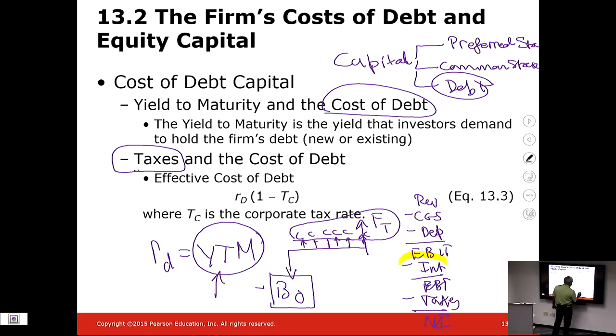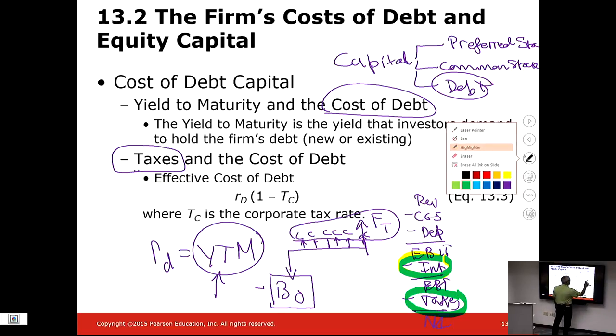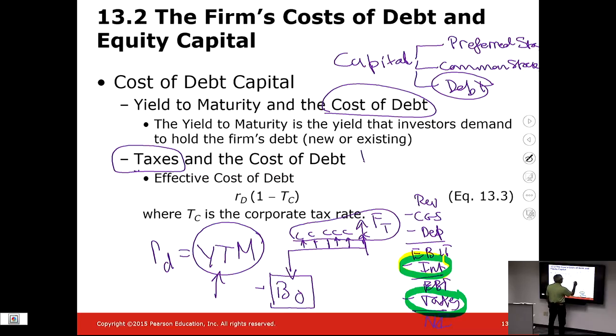So, interest is being deducted before taxes are being paid. So that's what we mean by that interest on debt is tax deductible.